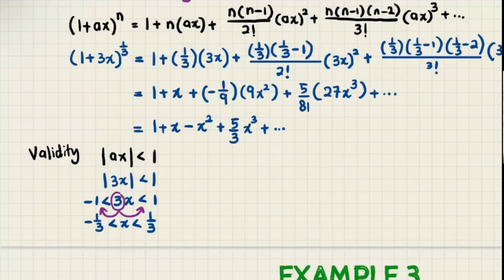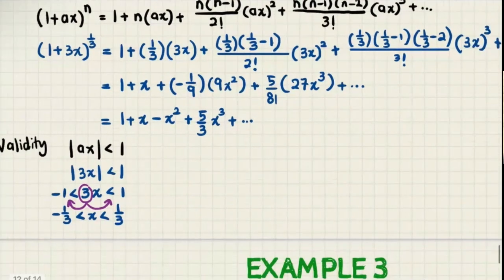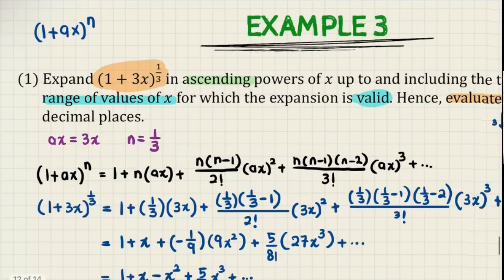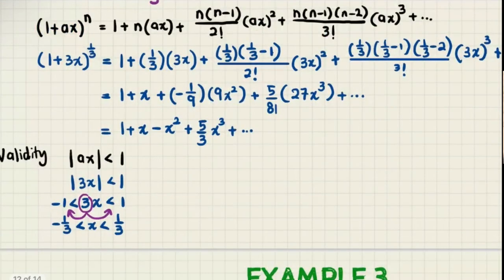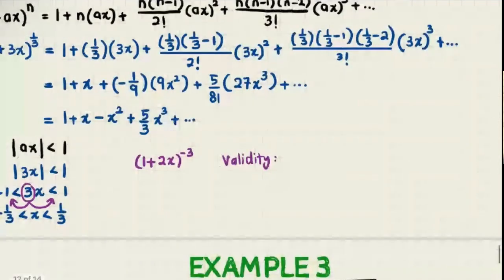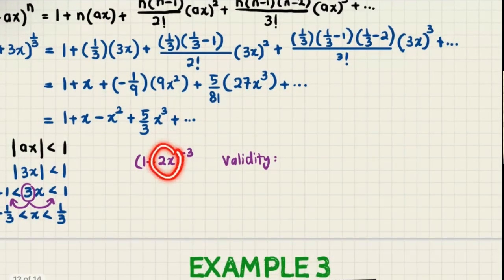Alright, saya guna contoh lain. So contoh kalau kita punya expansion adalah 1 plus 2x to the power of negative 3. Okay, so the validity will be coming from here, 2x. So modulus of 2x less than 1.